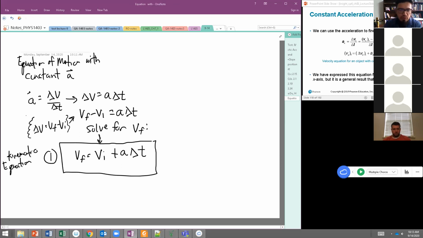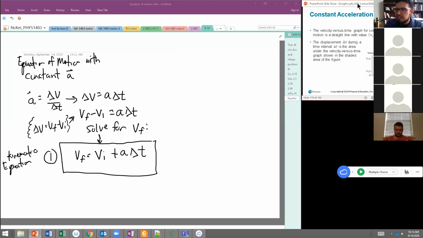As we progress through the next few slides today and in the next class, we're going to develop other kinematic equations. We're going to have a total of 3. I always tell students, if you were to identify some of the important equations for this class, these are some of the important ones. This first one I just wrote down, plus the other 2 we'll discuss. These are the ones my physics teacher used to tell me, this is what you get a tattoo of, the ones that are not going to change for this course.